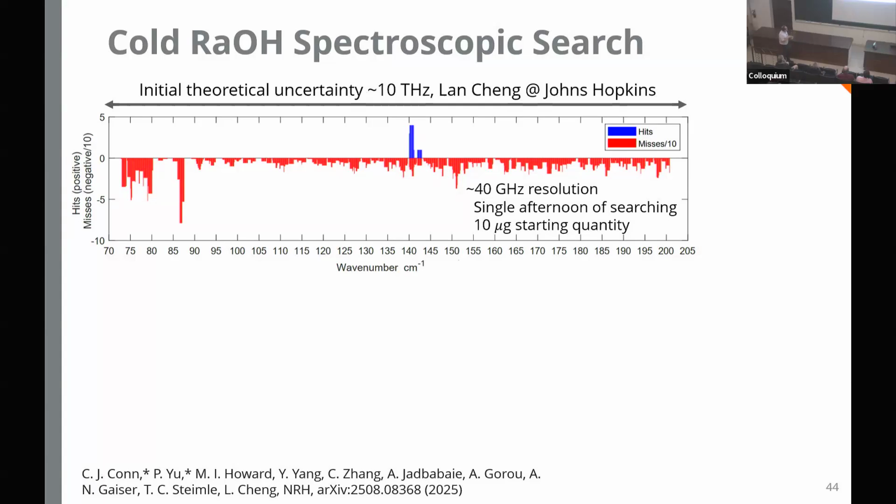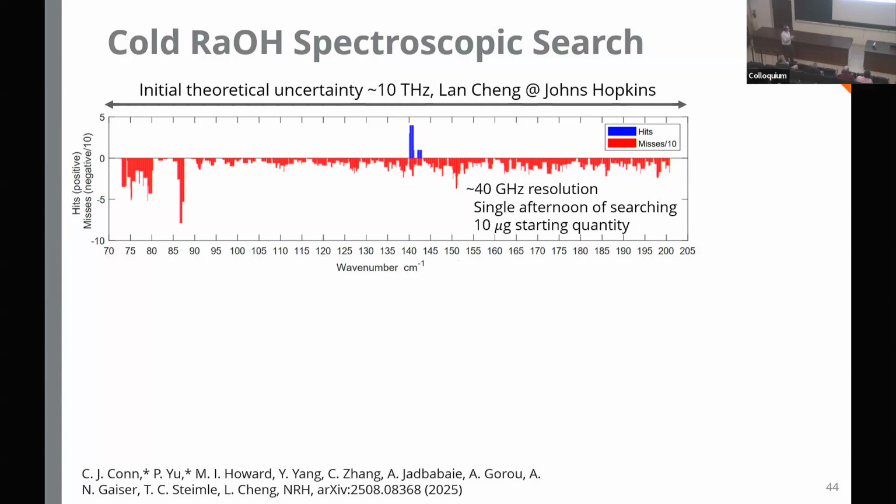And the usual approach of just scanning until you find something doesn't work because we have so little of this material. So we took a phased approach, starting with a spectrally broad laser that was about 40 gigahertz wide, so that we could carve out large swaths of this uncertainty region in only a few hours with 10 micrograms of material.